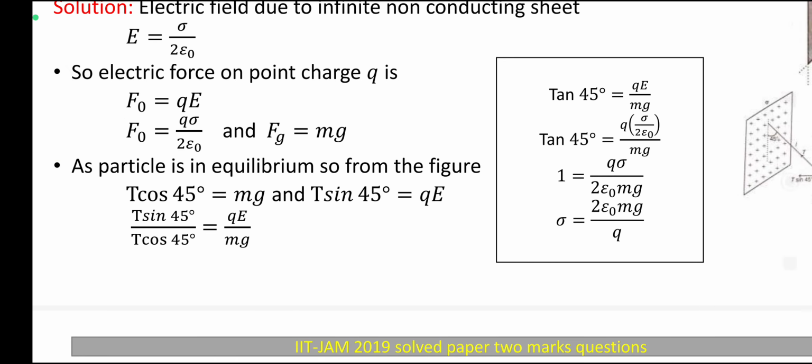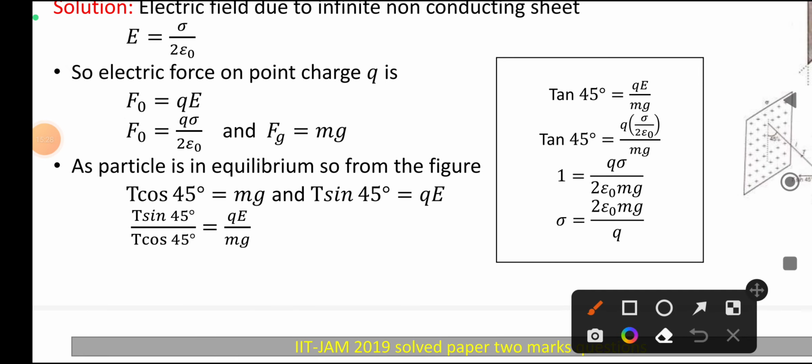Now, T is cancelled, and sin 45 by cos 45 becomes tan 45.